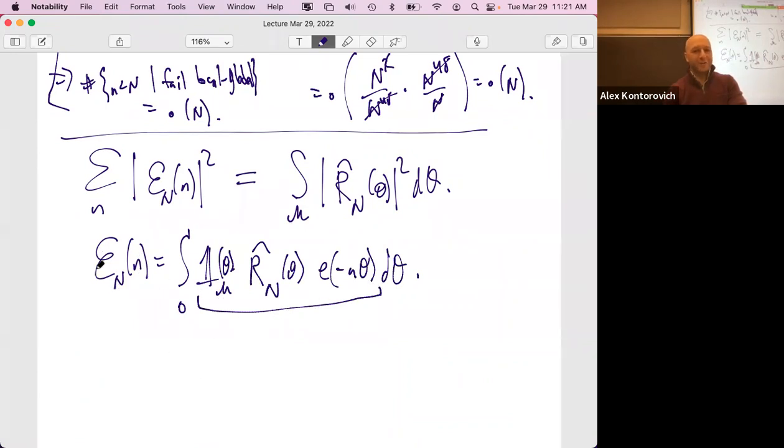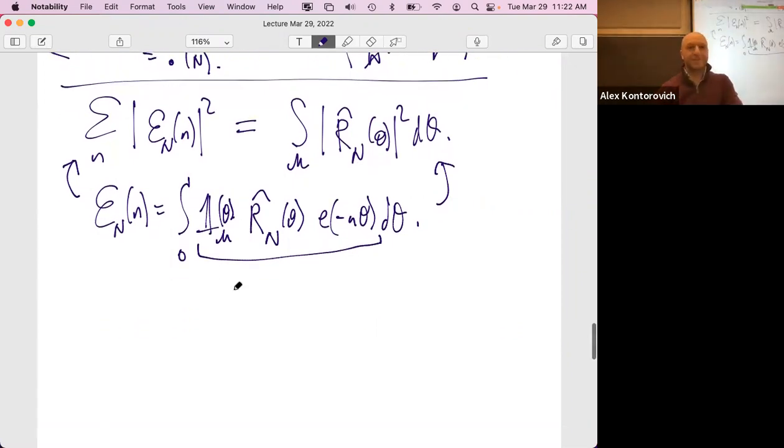And now I apply Parseval. The L2 norm in the sense of integers is this. The L2 norm in the sense of integrating on the circle, I take the absolute value squared of all of these things and integrate. The indicator squared is still the indicator, and this squared is exactly what's there. So somehow it translates very nicely.